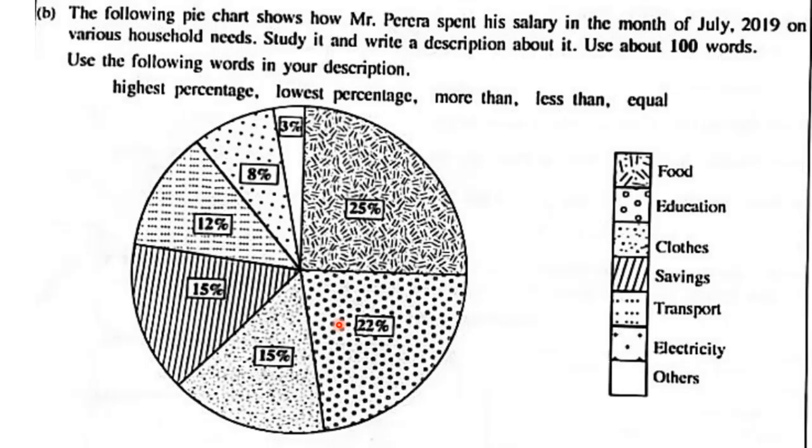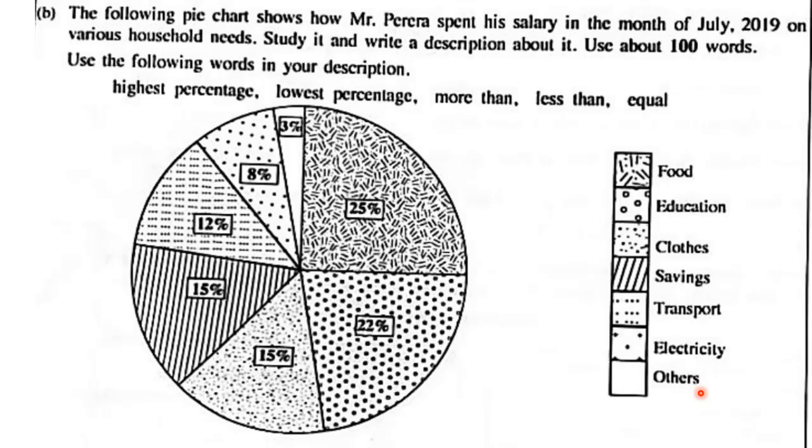Remember, not spend, spent, S-P-E-N-T. Remember the tense that is given to you is past tense. So you write he spent his salary on food, education, clothes, savings, transport, electricity, and other minor needs, or you can say and other needs, because you know about needs and wants in your commerce language, right?